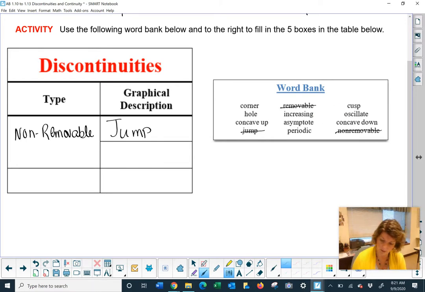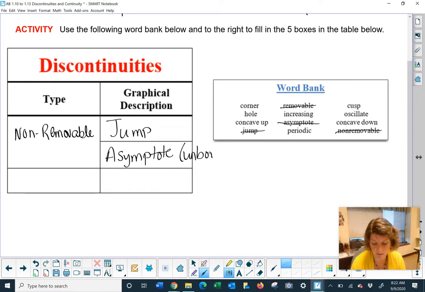And the other one is the unbounded behavior, which would indicate an asymptote. You might even just want to put in there unbounded behavior coming off of that asymptotic behavior. And then we have removable.